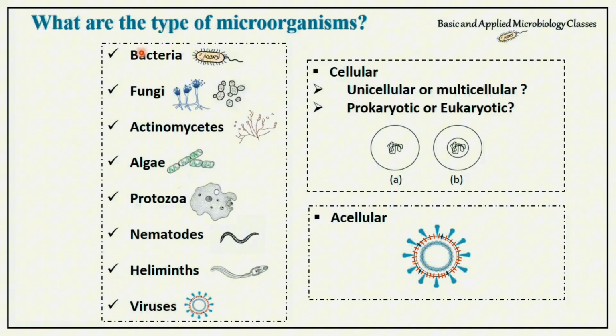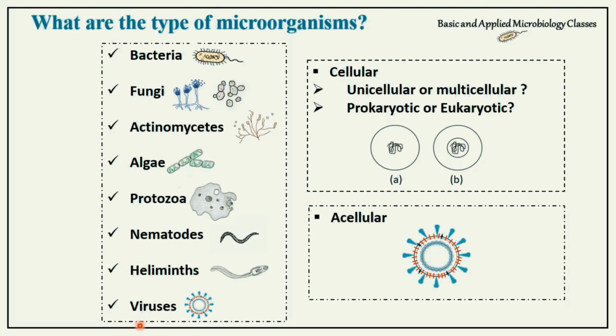They are not covering the complete list of microbial groups, which includes bacteria, fungi, actinomycetes, algae, protozoa, nematodes, helminths, and viruses. So first, we should update our information that microbiology covers various microbial groups, which I have tried to list here.